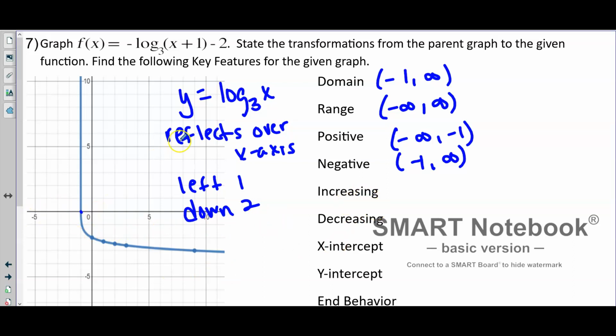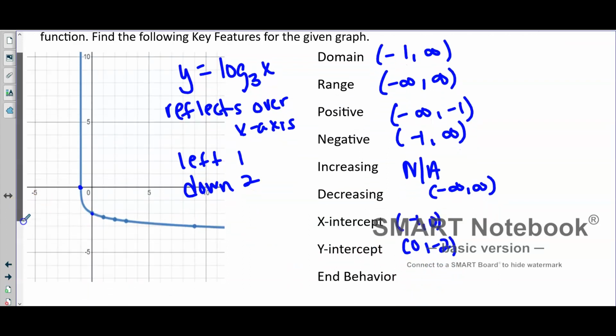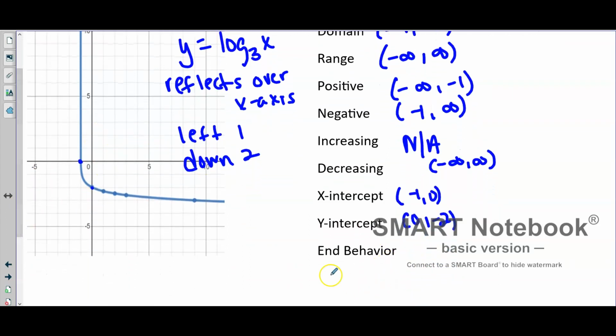Increasing is going uphill. No part of this graph is going uphill, so that's not available. Decreasing is downhill. The entire function goes downhill, so that's from negative 1 to positive infinity. Our x-intercept is, remember on the x-axis, an ordered pair, the point negative 1, 0. And the y-intercept is at the point 0, negative 2. And then finally for the end behavior, remember it's where your ends are.